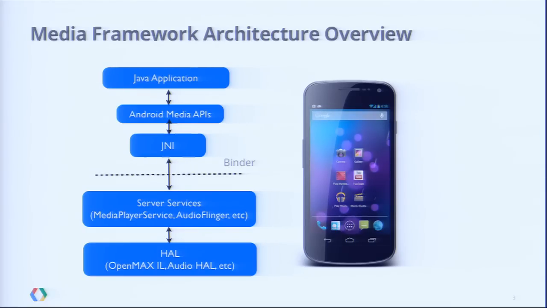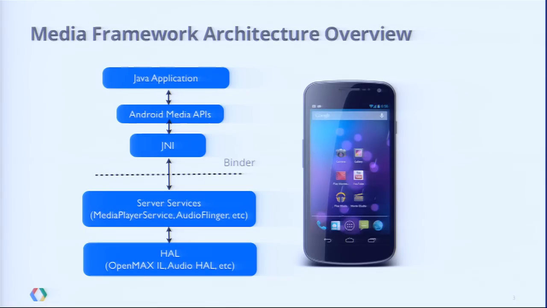The communication between the application process and the media server process is using the Android remote procedure call or binder call. In the media server process, a set of commonly used media services, such as playback, recording, audio routing, are provided.